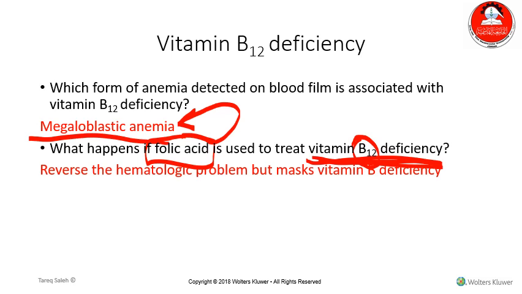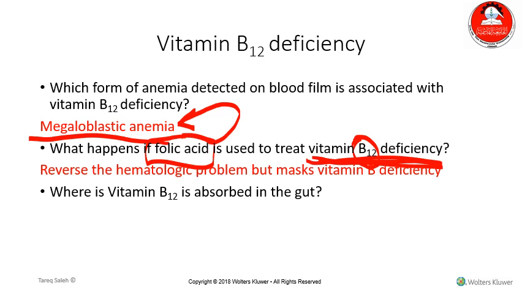This means that it's very important that in cases of megaloblastic anemia, you should be able to determine carefully what is the main cause. Is it folate deficiency or vitamin B12 deficiency, in order to be able to treat the patient properly. And that is also why megaloblastic anemia should not be treated with folic acid alone, but rather with a combination of folic acid and vitamin B12 together if you were not sure which one of them is causing the anemia.